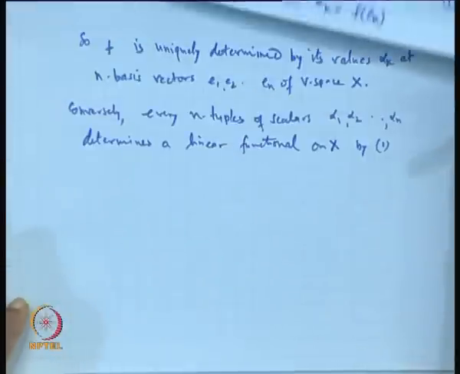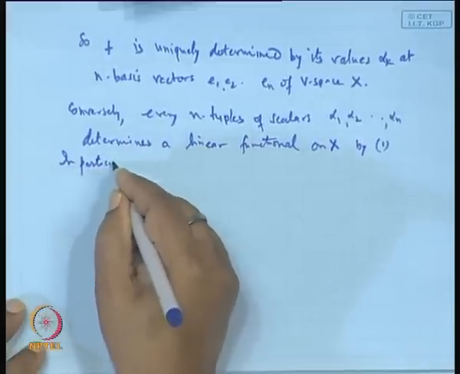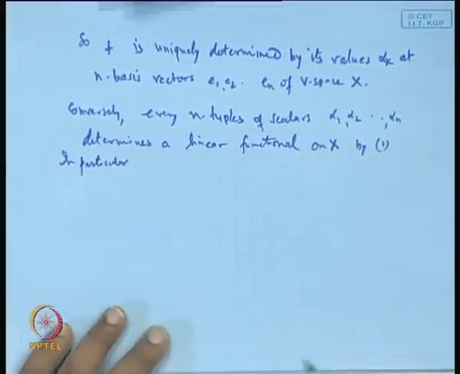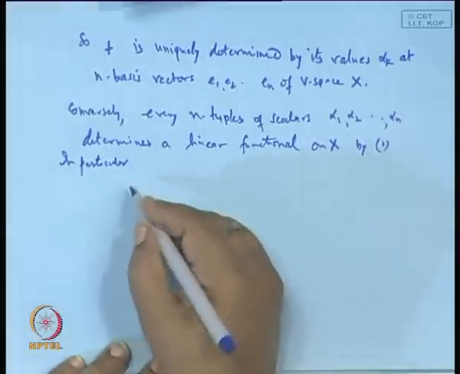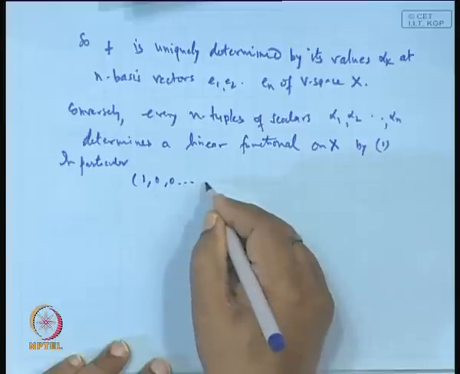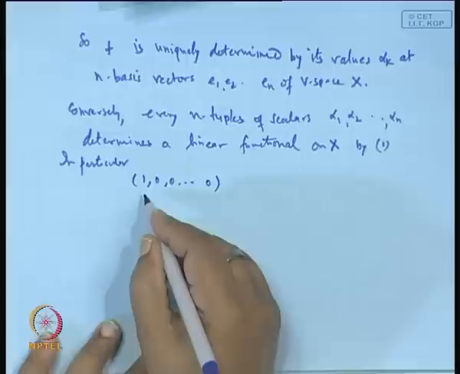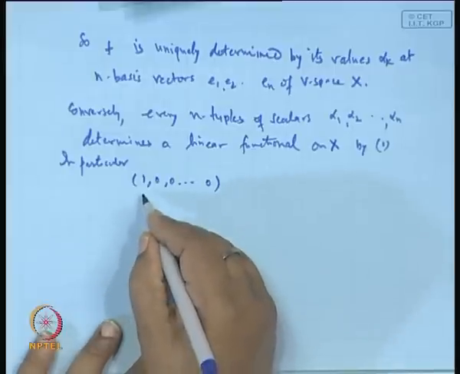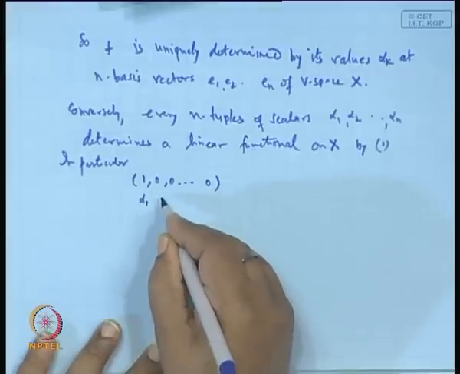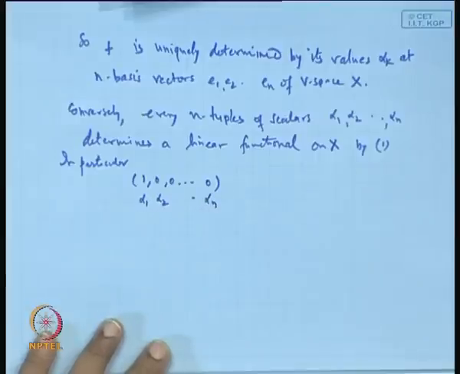So, in particular, let us take this way. Suppose I take the scalars 1, 0, 0, ..., 0. It means this is one set of scalars, that is, this is alpha 1, this is alpha 2, and this is alpha n.